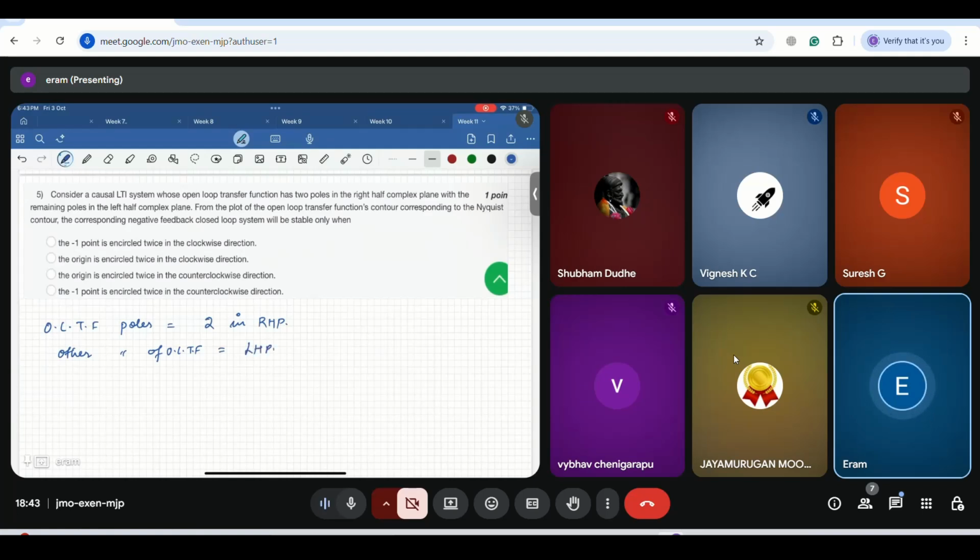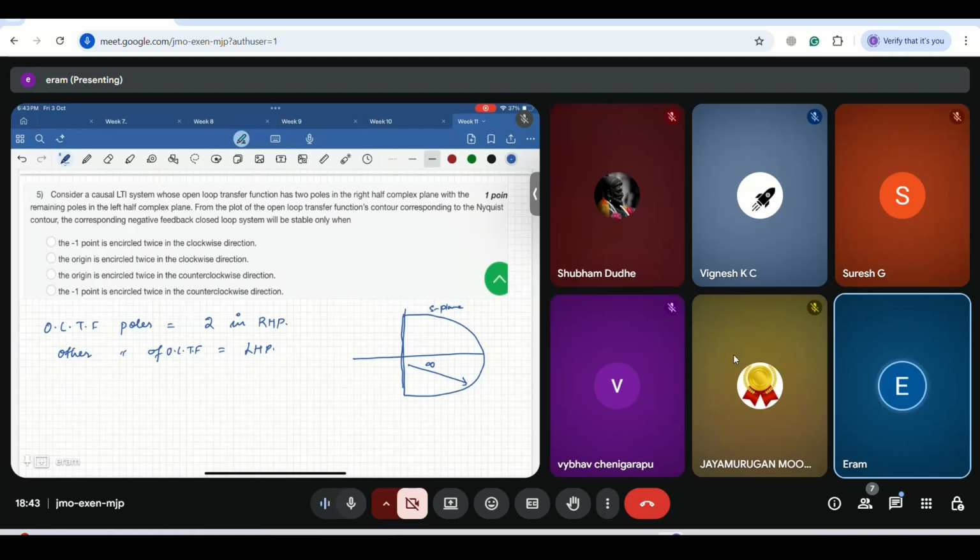From the plot of the open loop transfer function's contour corresponding to the Nyquist contour. So what is your Nyquist contour in the S plane? It is the semicircle of infinite radius, that is, it covers the RHP.